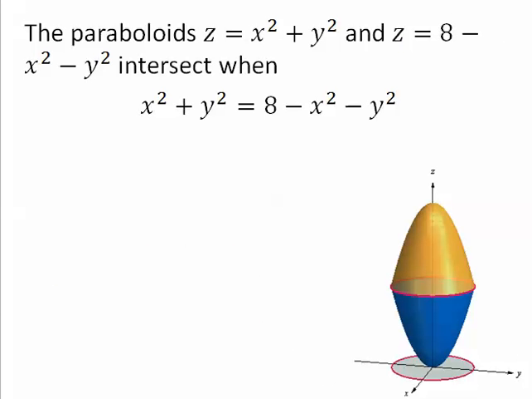So we set the paraboloids equal to each other. And when we do that, we see the curve that describes the intersection is a circle of radius 2, centered at the origin.